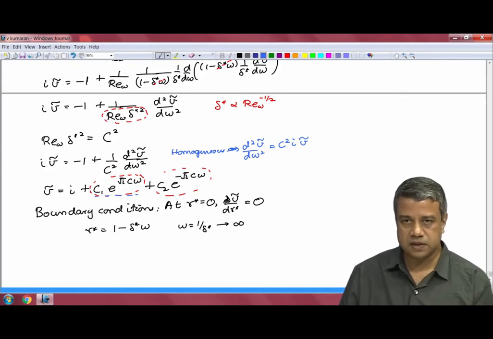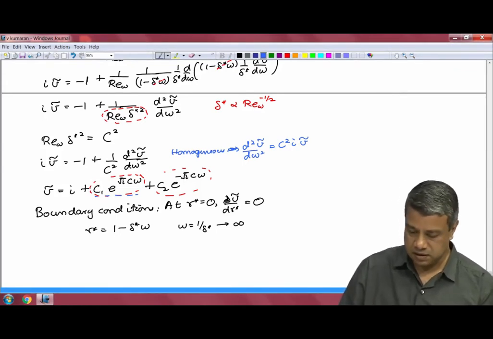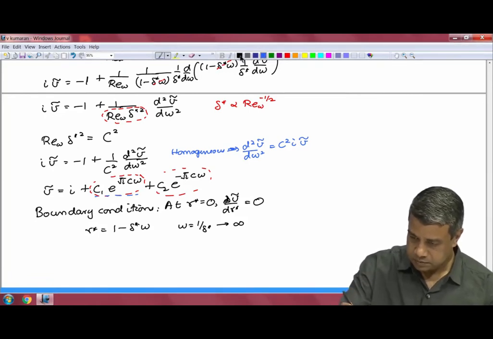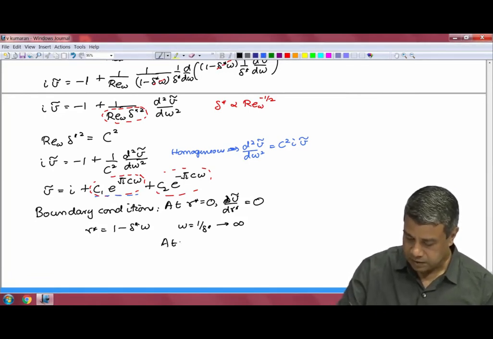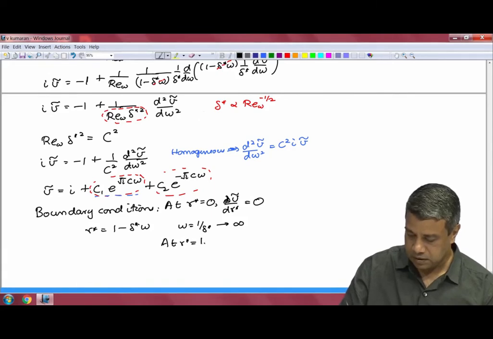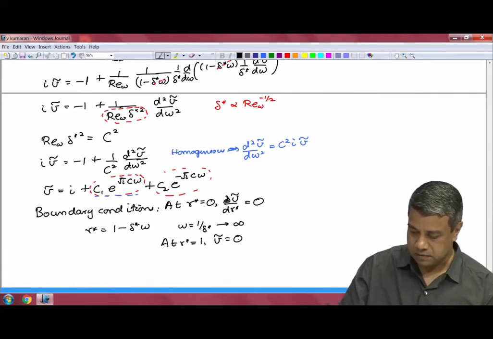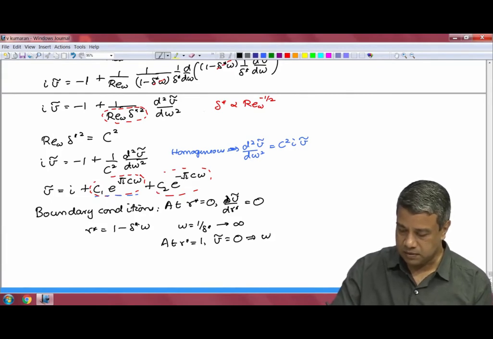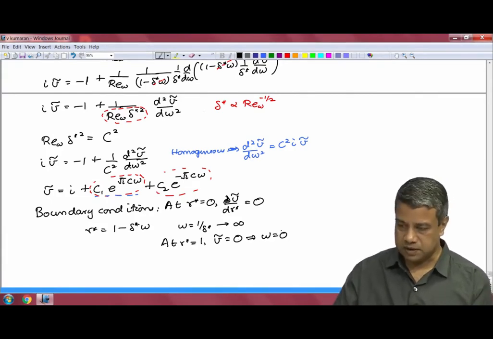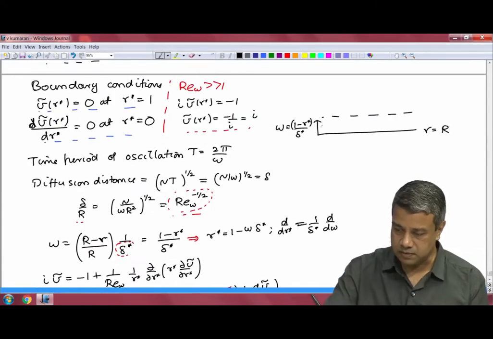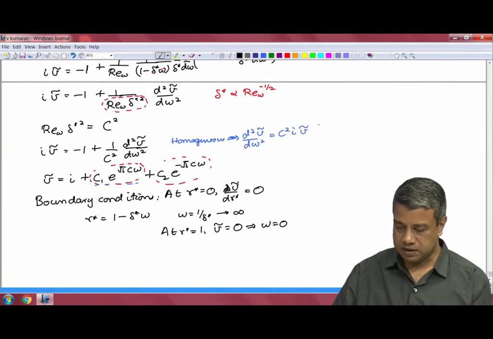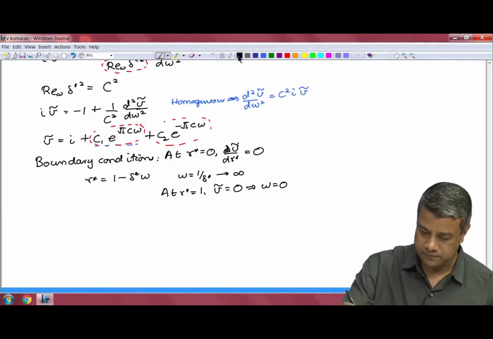The second coefficient C2 is determined from the condition that at R star is equal to 1, V is equal to 0. R star equal to 1 implies that W equals 0, because W is a coordinate that is the distance from the surface. At the surface, W is equal to 0.